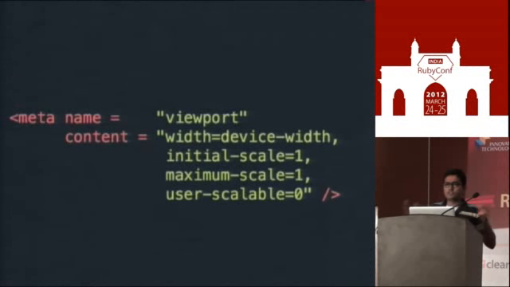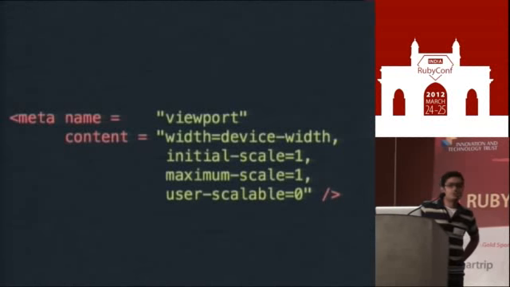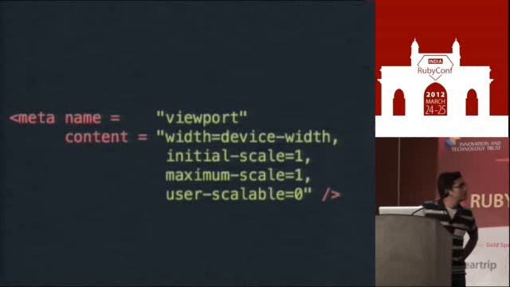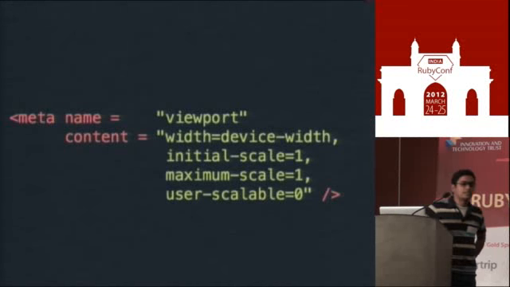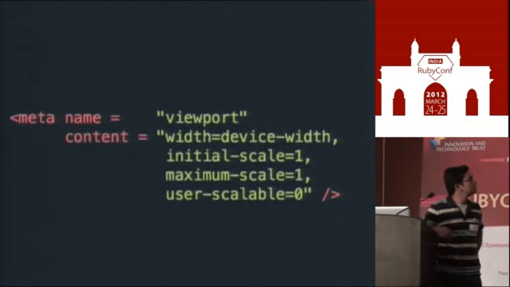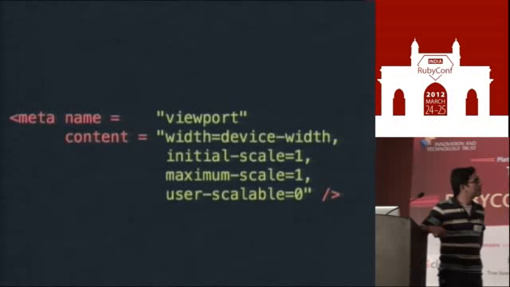So we don't want it to display the full large screen version, we want it to display the mobile version. So how do we do that? You add this meta tag called viewport and set width equal to device-width. That will set the width to the device width, and if you add the initial and maximum scale options, it will prevent the user from zooming in and out and ending up in the large screen version of the layout.